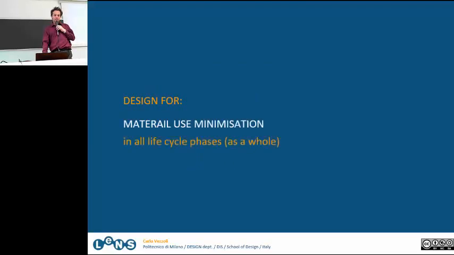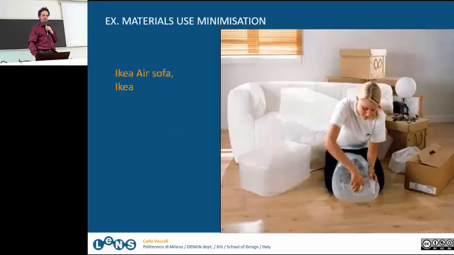So if we see design for material use minimization, we have to consider all life cycle phases again in the functional unit. And here I cannot go into any detail, but there are guidelines, there are examples, and there are very many things. The theory could be very large. I'll just give you some very simple examples.